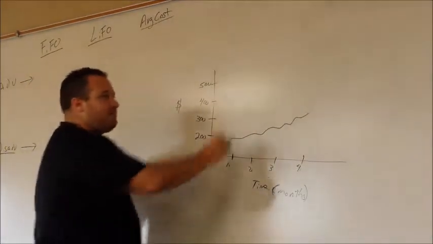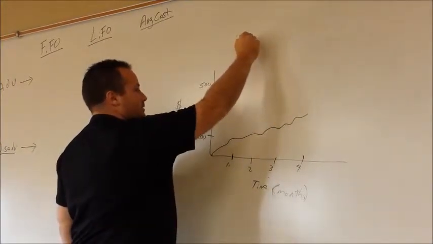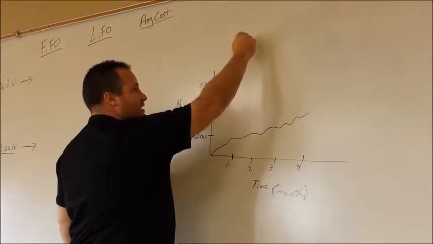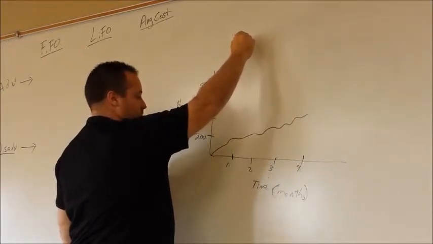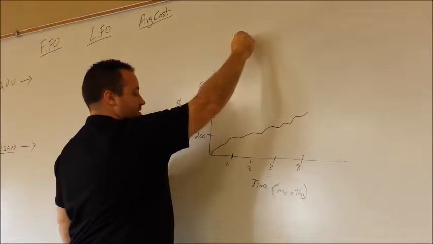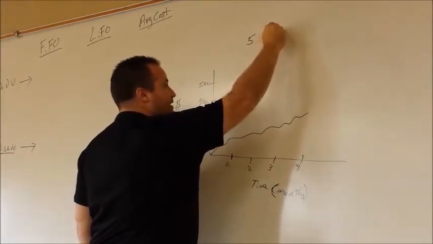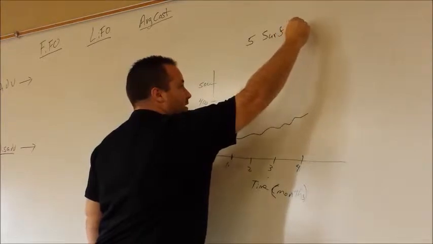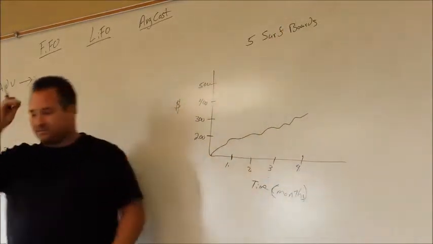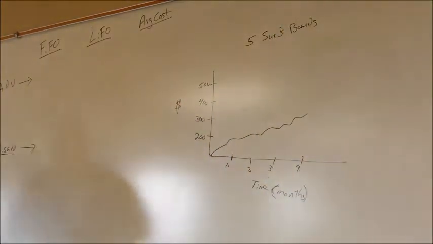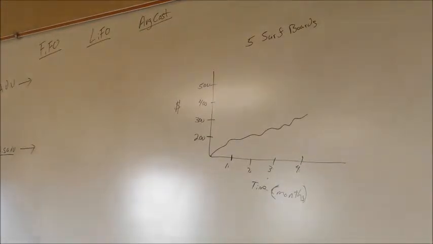And this is me buying, let's say, a pack of 5 surfboards. I have to buy surfboards in packs. Let's say I can't just go to the manufacturer and buy one surfboard. They won't sell it to me like that. I have to buy it in bundles.